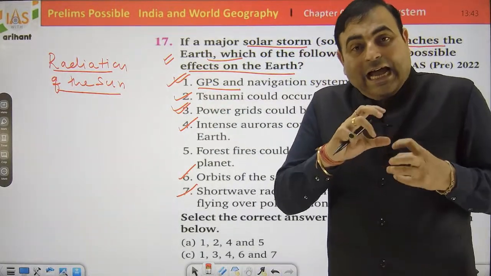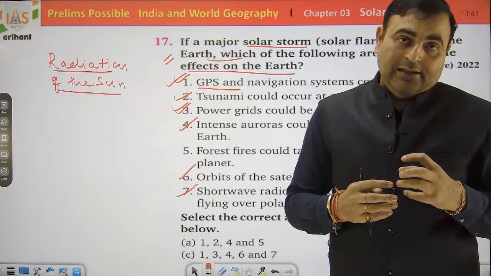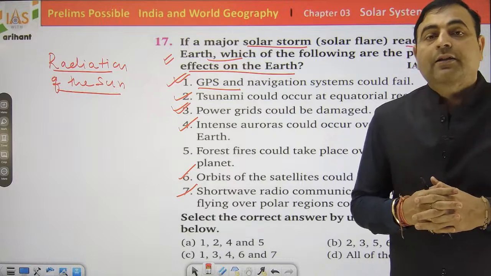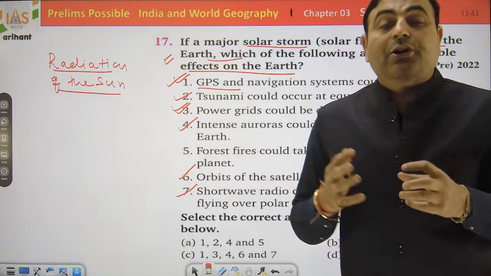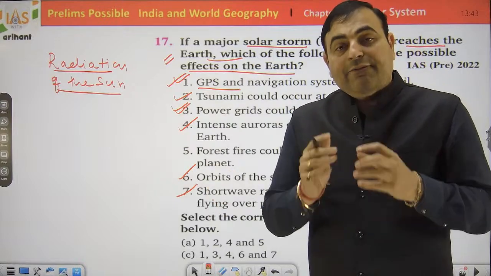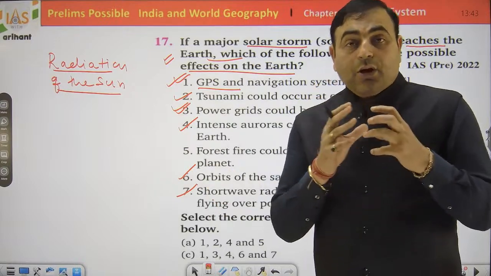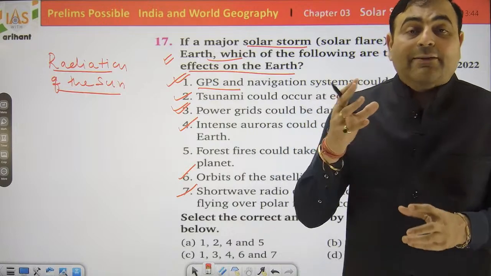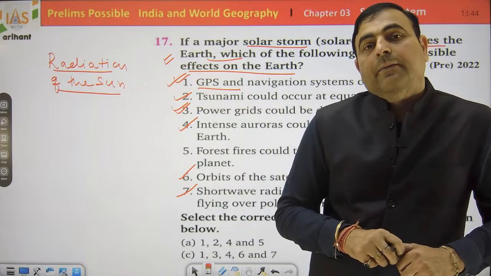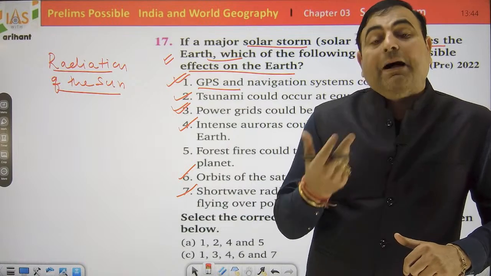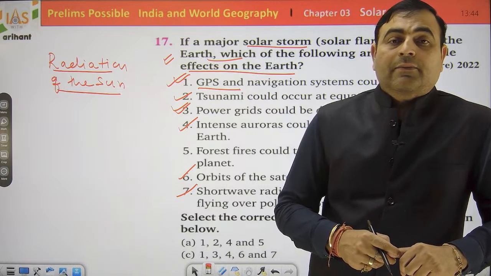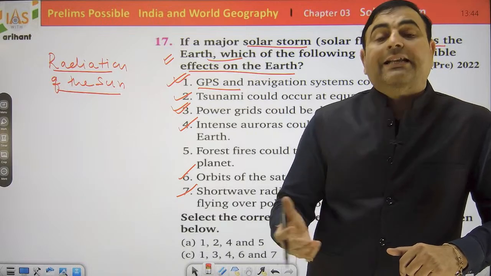The various ionized particles, we will continue in the forthcoming lectures about the aurora borealis and aurora in climatology. But here we can only say that aurora australis and borealis are just because of the solar radiations, due to ion particles in it.